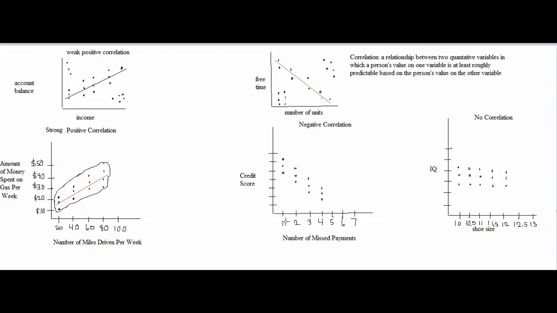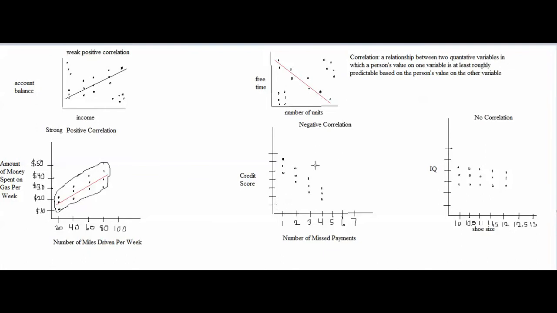So if you miss more credit card payments, your credit score will go down pretty consistently. In other words, you probably aren't going to find many people down here who haven't had very many missed payments but still have low credit scores anyway.